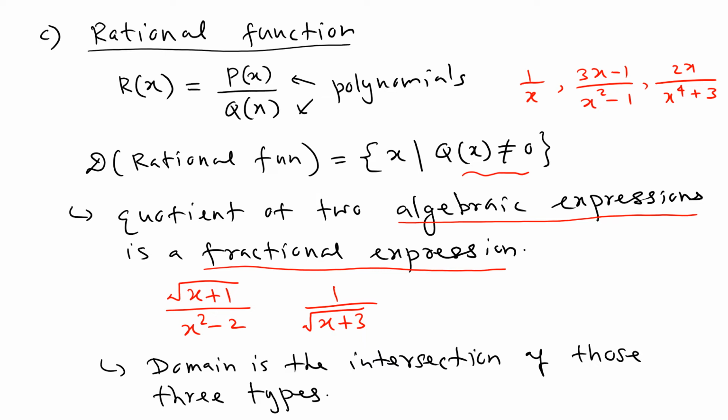It can be a rational expression, or a type 1 or type 2 radical. Okay, so let's look at some examples to make sure that we understand the topics. We will start with this example first. Find the domain of each expression.